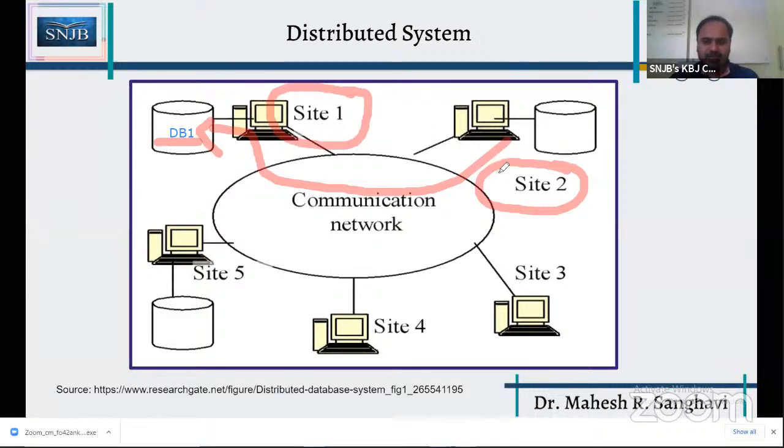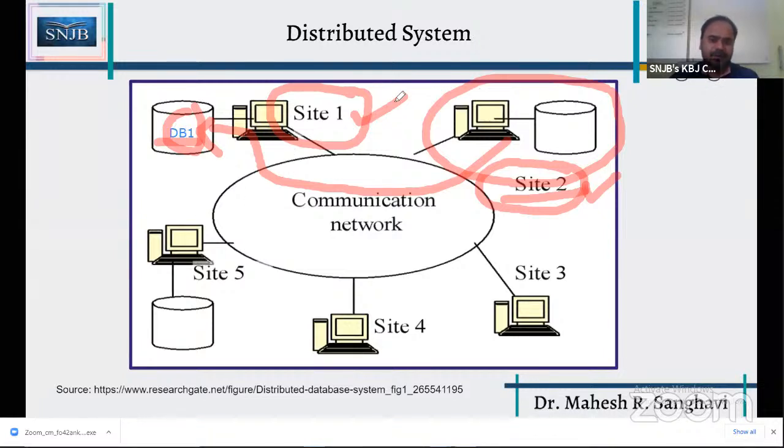The best part is that whenever site 2 demands any data of database 1, it will not be aware whether it is available at the local end, at its own site, or whether it is available at any other site. Site 2 will not be aware, but site 2 will get access to DB1. That's the beauty, and we can call it transparency.